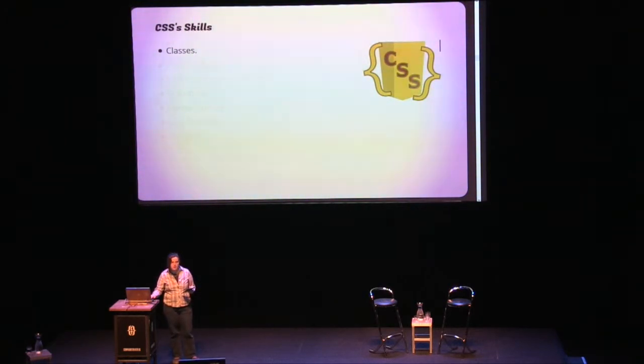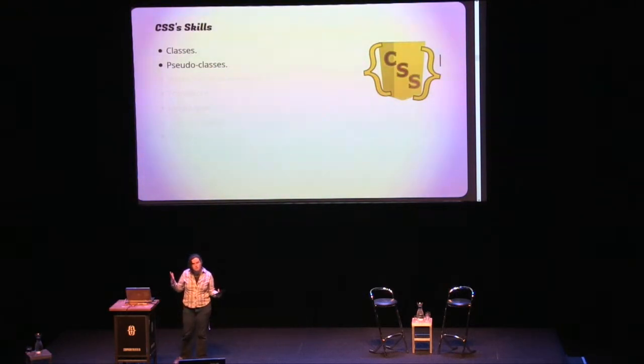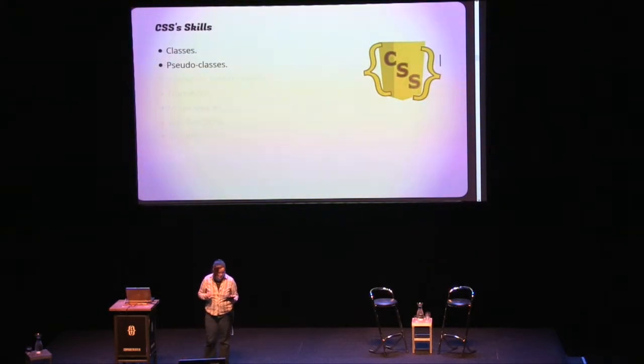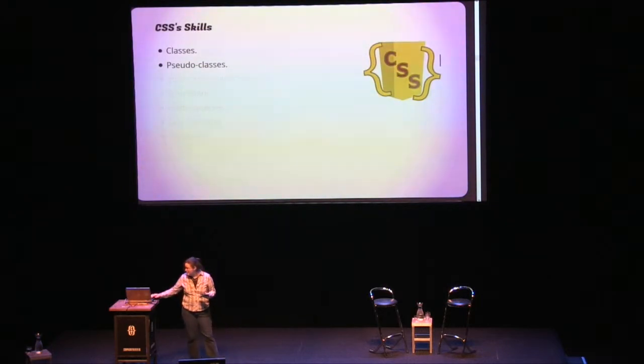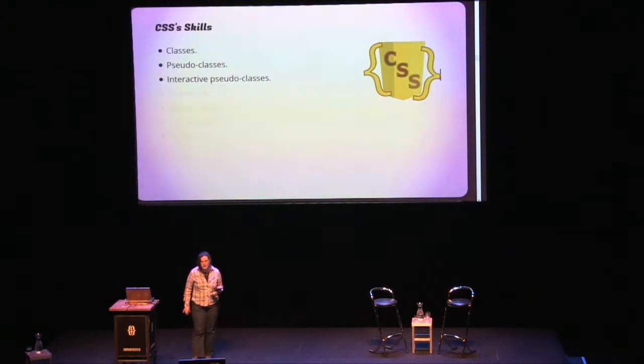But even cooler than classes, CSS has pseudo-classes. You want every other graphic on the page to be a different color? No problem. CSS has an nth-type pseudo-class for that, because sometimes even typing class names is too much typing. But the best kind of pseudo-classes of all are the interactive pseudo-classes.